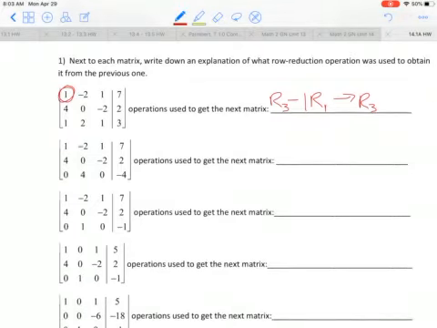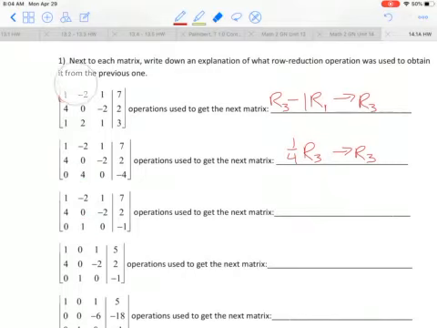Now the next time I'm changing, if you look, again, row 3 is changing. And it's changing the 4 to a 1. If the first number doesn't change, go to the next one. And if it's going to a 1, remember it's multiplying, and we're taking a 4th of row 3.